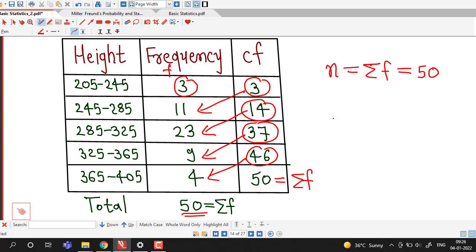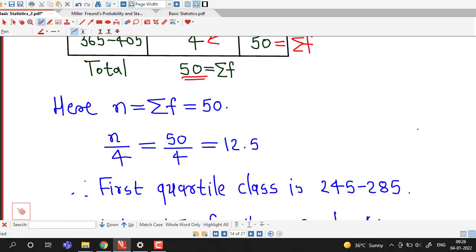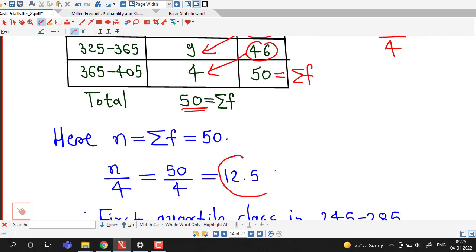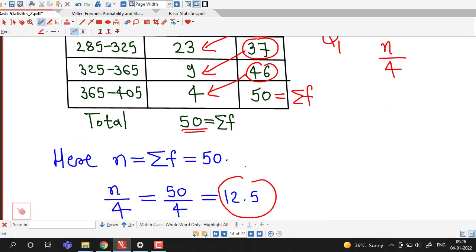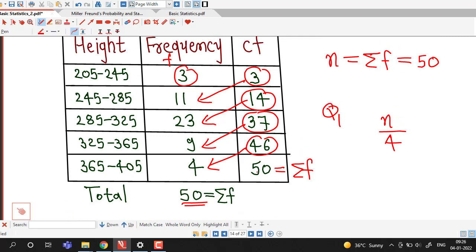First we have to decide the class containing first quartile. For that we find out n by 4, value of n by 4 is 12.5. So we have to find out the position number 12.5. If we observe this first column, there are 3 candidates with height between 205 and 245. So first 3 positions are occupied here, 1, 2, 3.